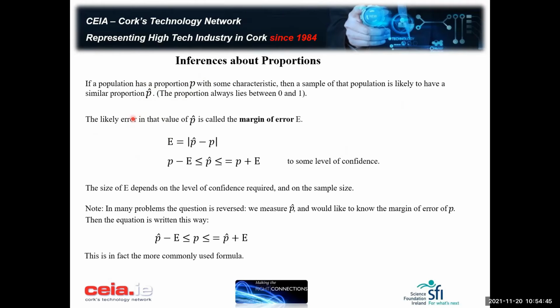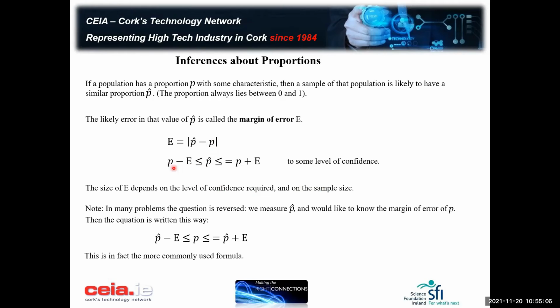So what kind of error would you expect to get in this sample p hat? The error is called the margin of error, referred to as E. It's the size of the difference between your sample measurement and the true measurement.